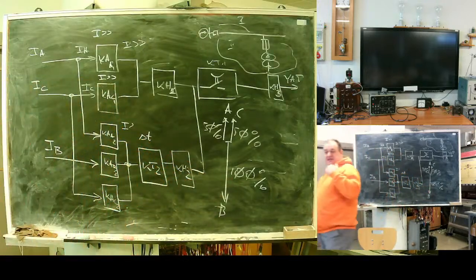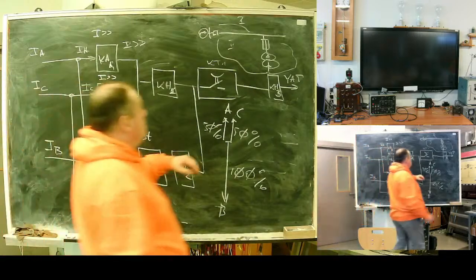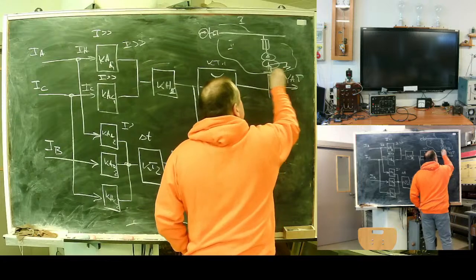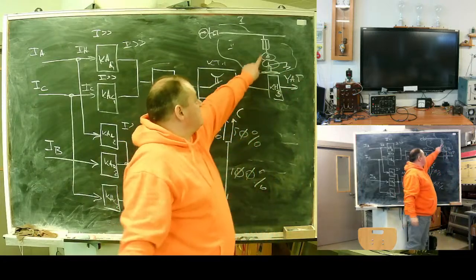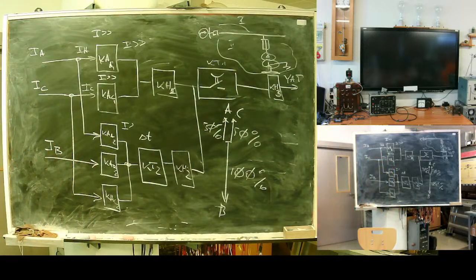That's why it's mandatory to have a B-phase relay to get this current, to be sensitive for faults, not only line faults but also here. These transformers, not all but most, belong to our company. We protect them.